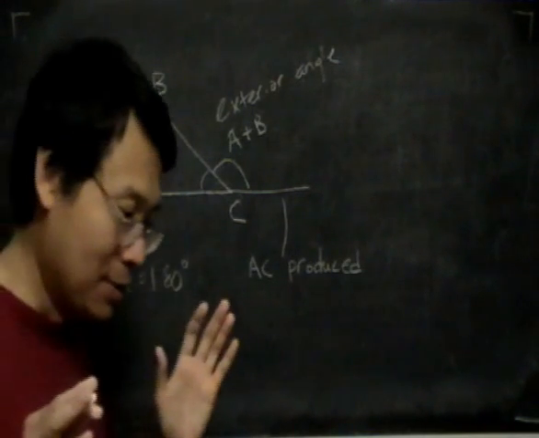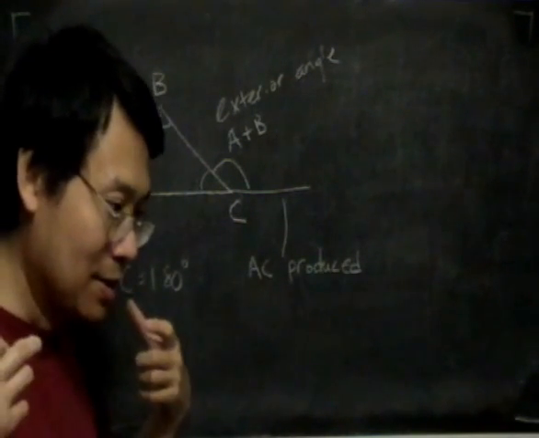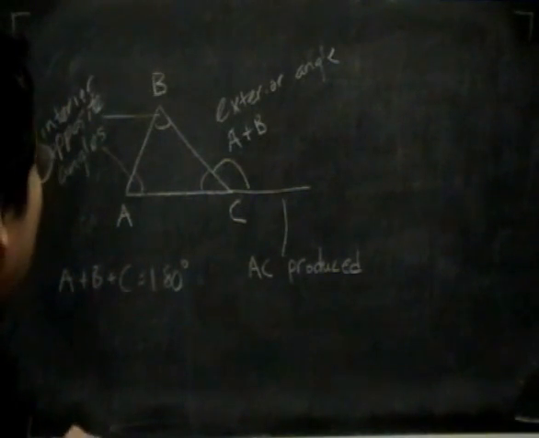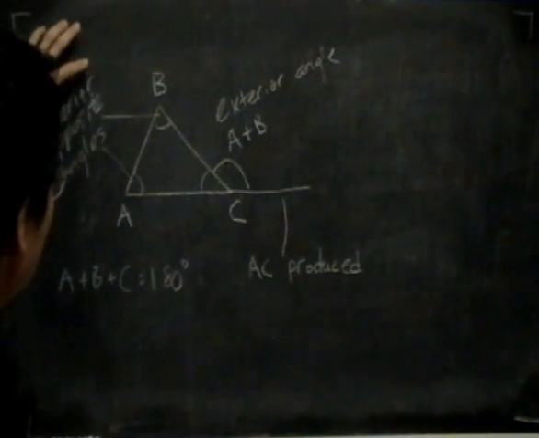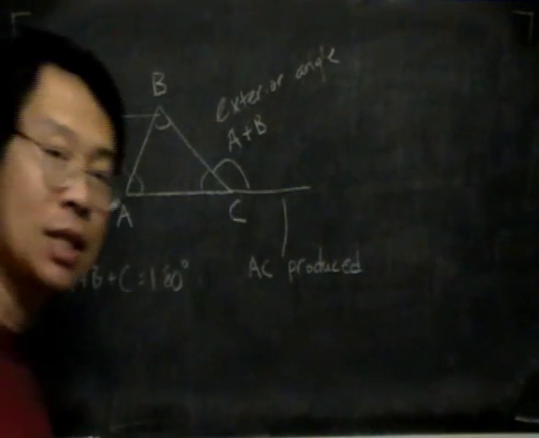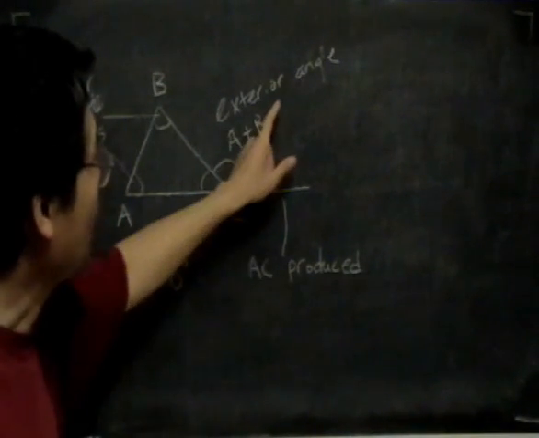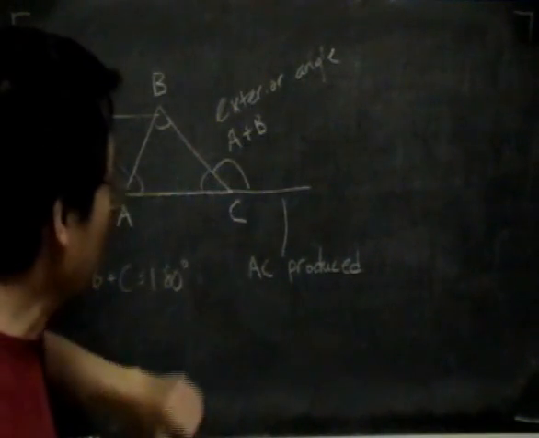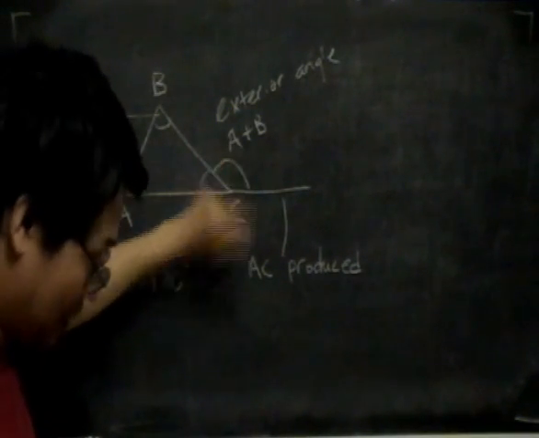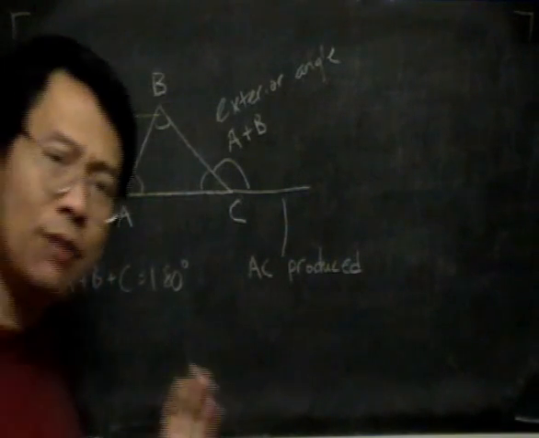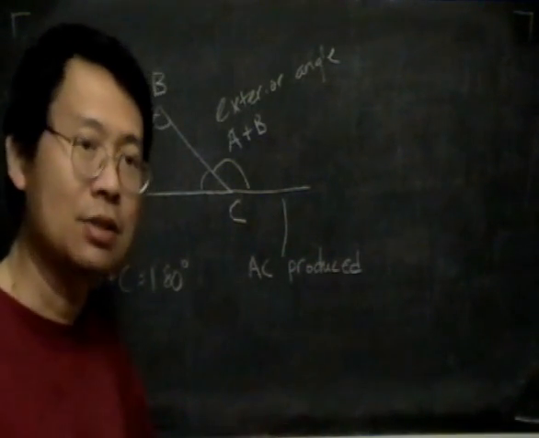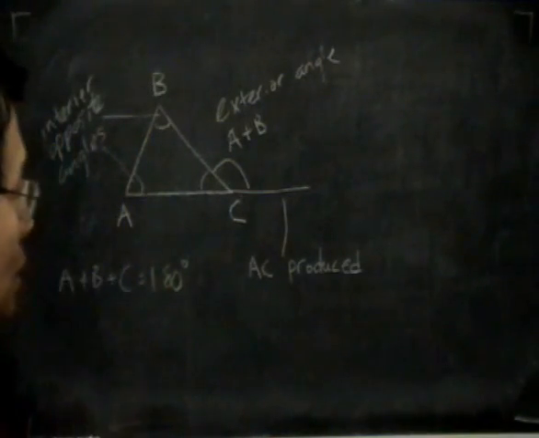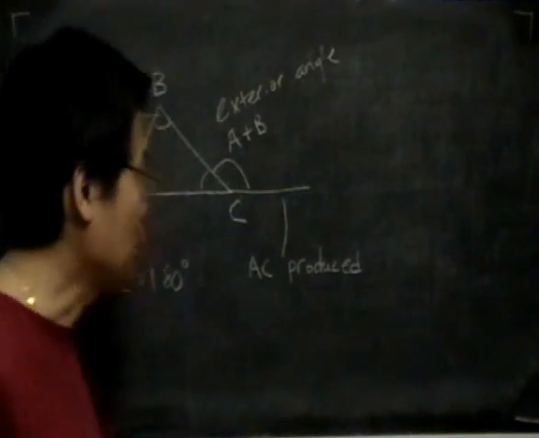So we describe or state this property by saying that the sum of the interior opposite angles is the exterior angle. And exterior angle refers to that angle. So there are quite a few ideas and terms and properties that we are looking at here, so it might take some practice to get used to.